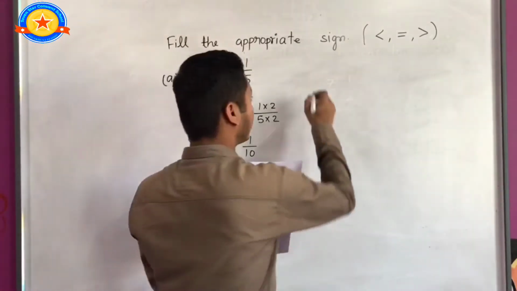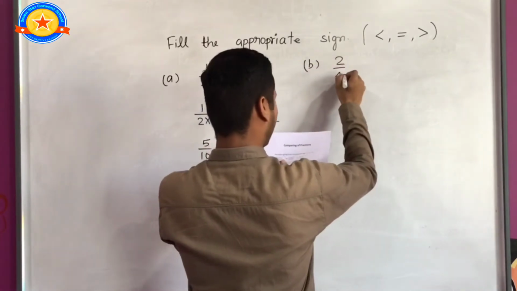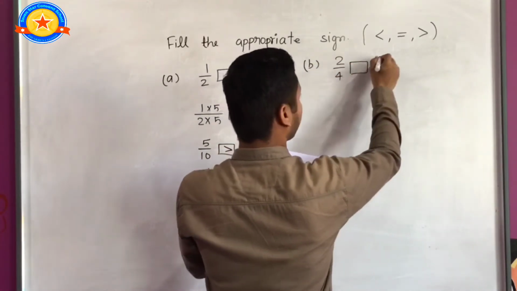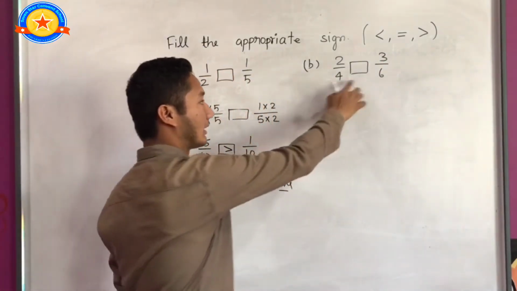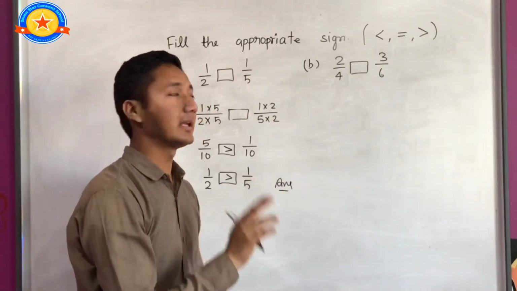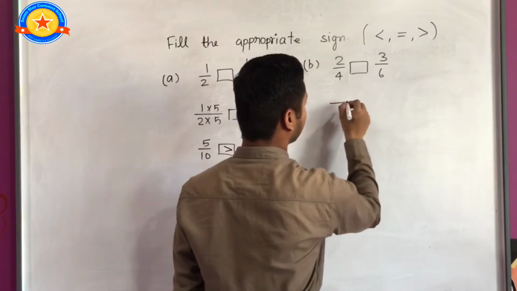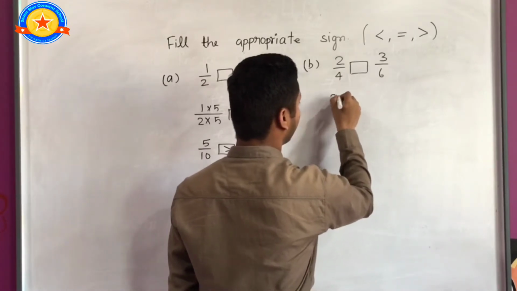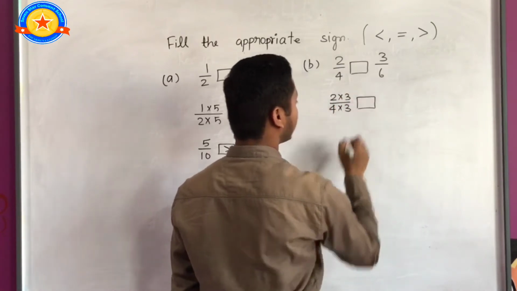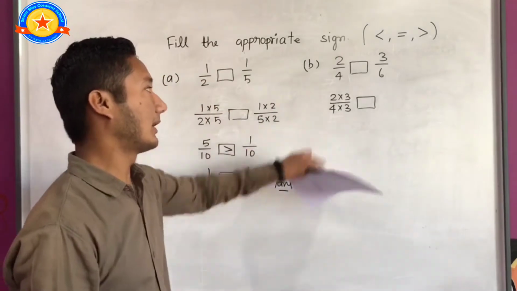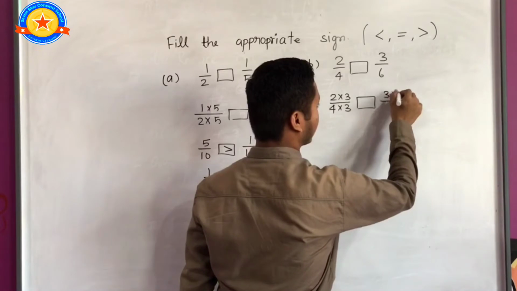The next question is 2 by 4, 3 by 6. Here again denominators are different, that's why we need to first make the denominator the same. Four into 3, six into 2. For making the denominator the same, we multiply by 3 in this fraction and by 2 in that fraction.